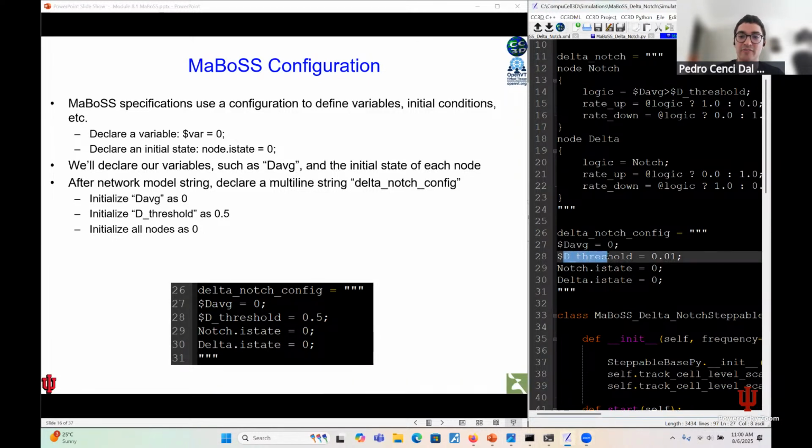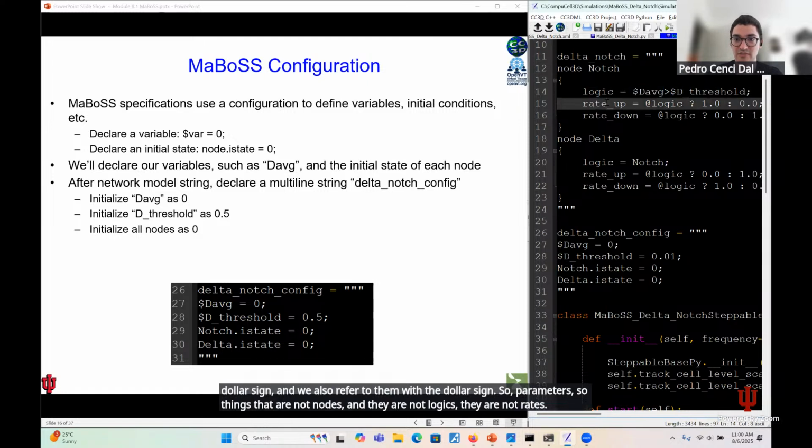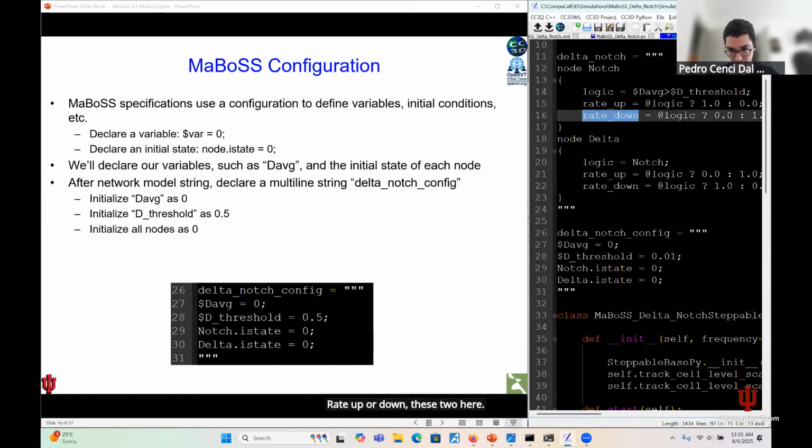We also have a delta threshold that we also have to define with the dollar sign. And we also refer to them with a dollar sign. So parameters, so things that are not nodes and they're not logics, they're not rates, rate up or down, come with a dollar sign.